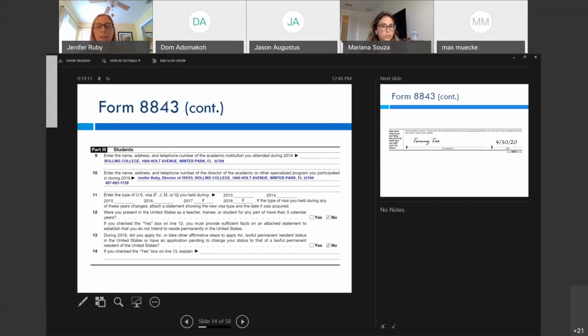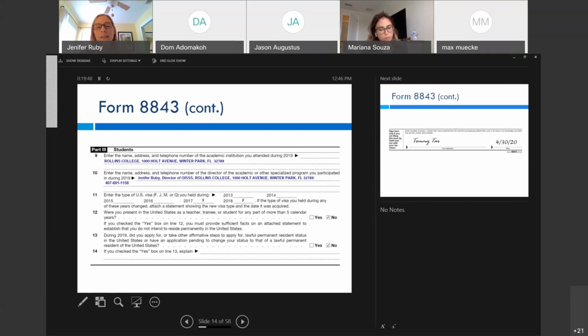If you have been in the US for more than 5 years and you answer yes, as you can see, it says you can provide sufficient facts on an attached statement to establish that you do not intend to reside permanently in the US. So sometimes our grad students have been in the US for 5, maybe 6 years because they did 4 years undergraduate and then an additional year or 2, and are currently in their last year of a master's.